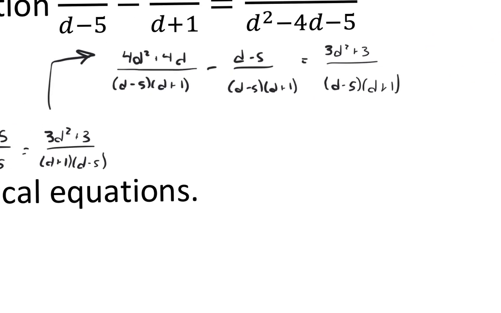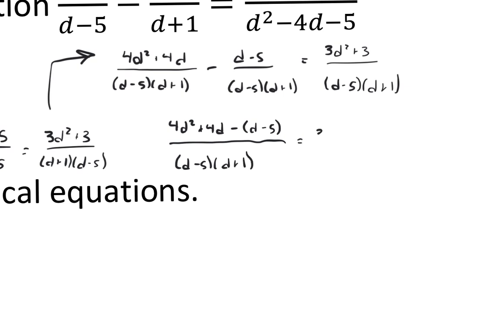Now, combining these fractions on the left-hand side, I'm going to have 4d squared plus 4d minus the quantity d minus 5 over d minus 5, d plus 1 equals the right side again.